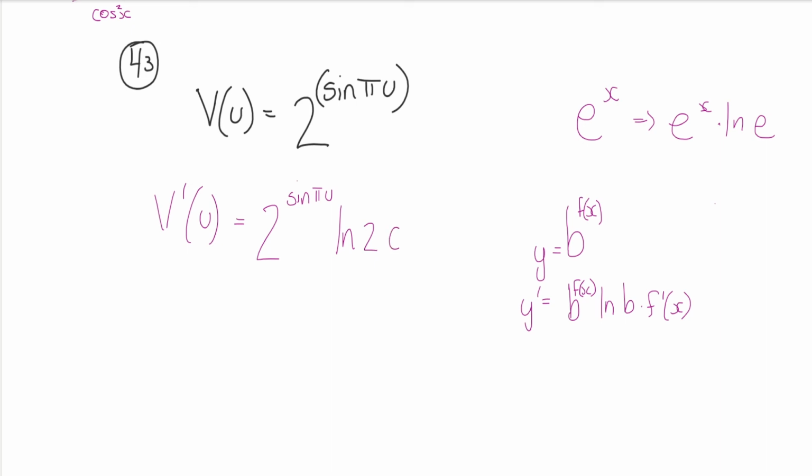So the derivative of that is cos pi u, and then times an extra pi from the pi u. So I don't think this really gets any nicer, but that's our derivative.